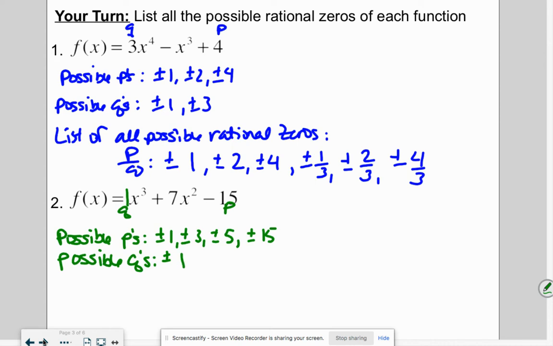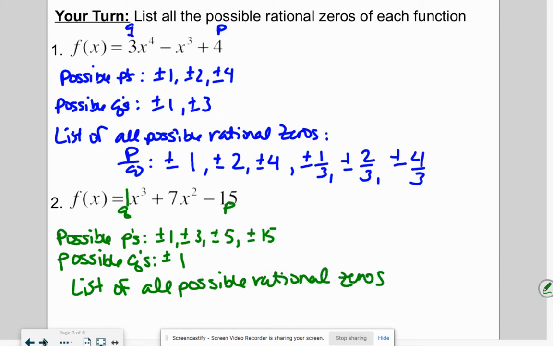So then the list of all possible rational zeros, p over q, there we go, is plus and minus 1, 3, 5, and 15, because they're all over 1.